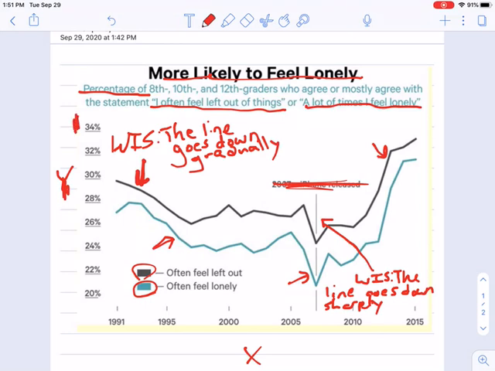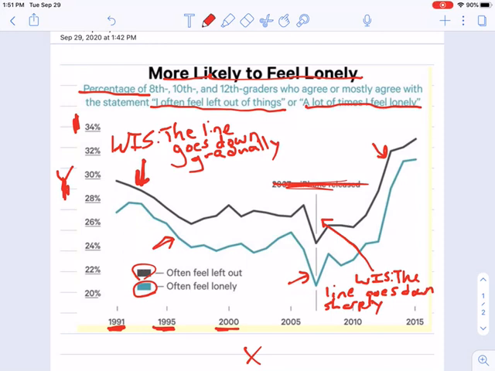Even though this is not labeled, we can pretty confidently infer that these are years, given 1991 to 2015. So now we know what we're looking at: percentages by year and how those percentages of 8th, 10th, and 12th graders who agree with these statements change over time. Anytime we have a change over time, we use a line graph like this.